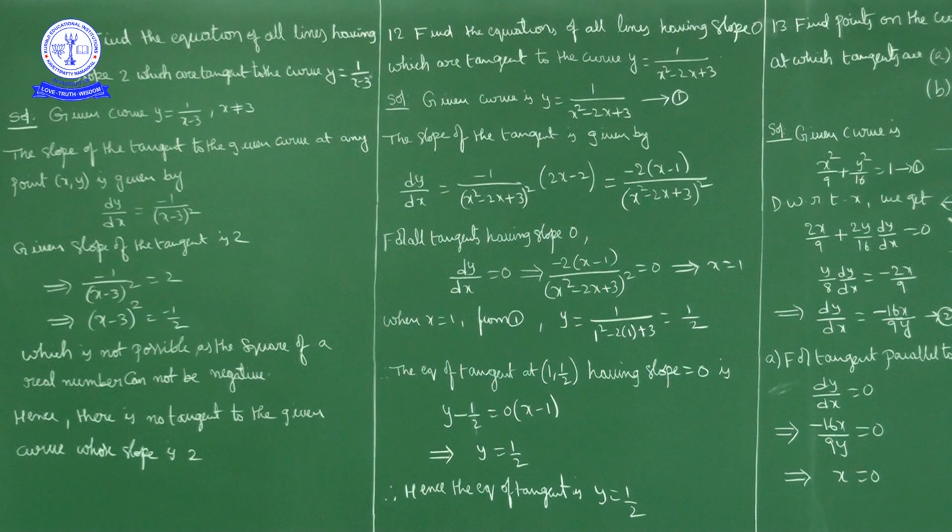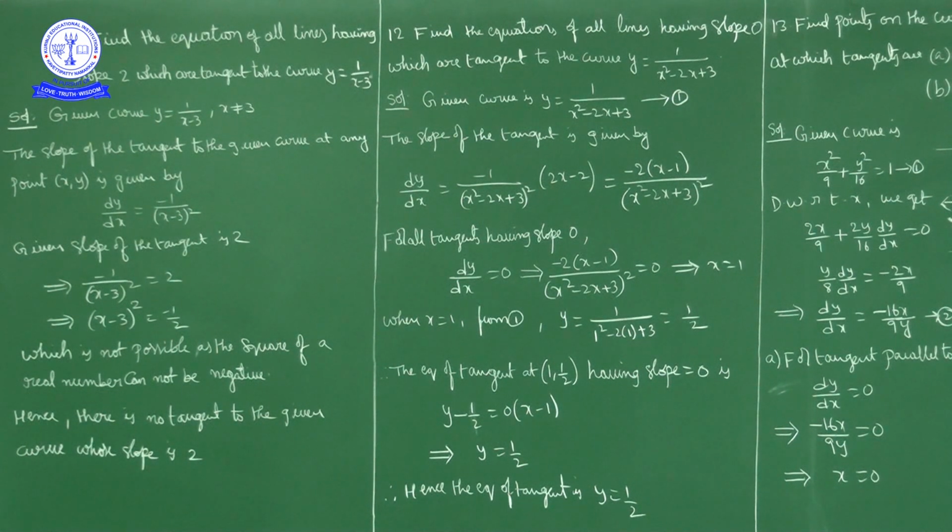Tangent to the curve means the slope of the tangent is dy by dx, and dy by dx we have to equate to 2. We have to find the tangent to this curve having slope 2.